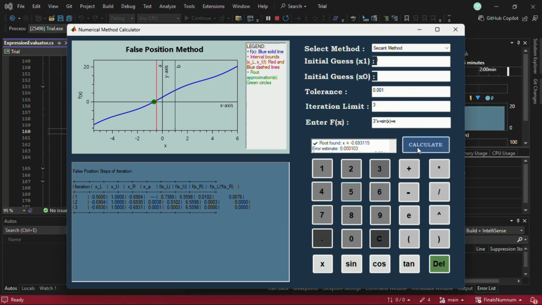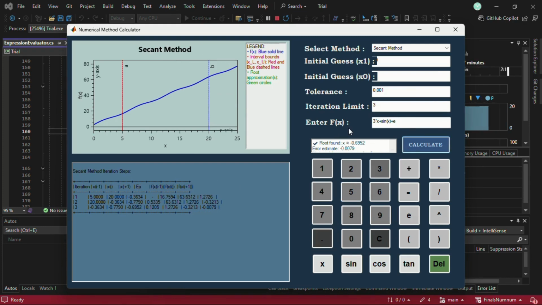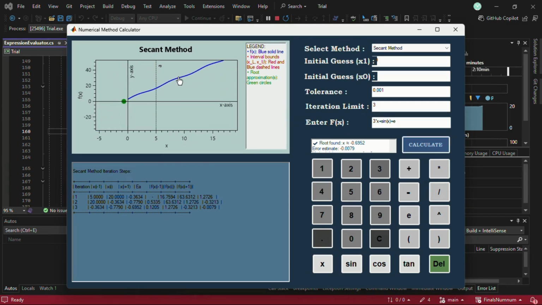You still use the same equation, and here is the secant method. Here we found the root, still the same root.